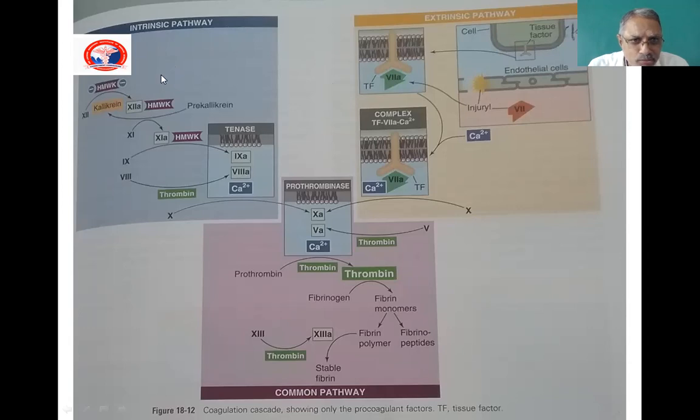What could be exposed is the subendothelial collagen, and factor 12 is converted to factor 12A by high molecular weight kininogen. Factor 12A is attached to high molecular weight kininogen and prekallikrein, which is converted to kallikrein.